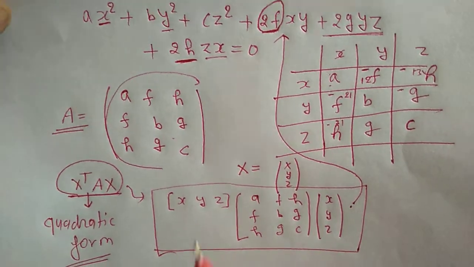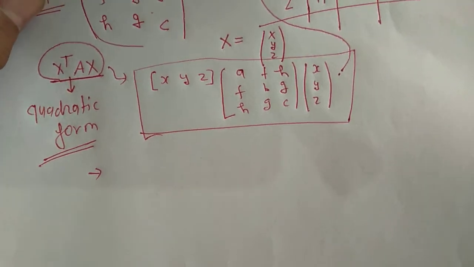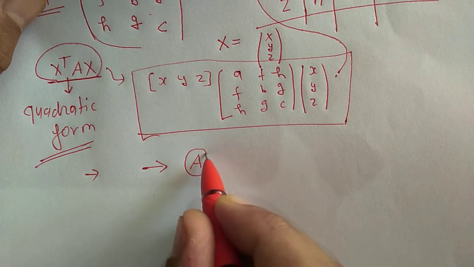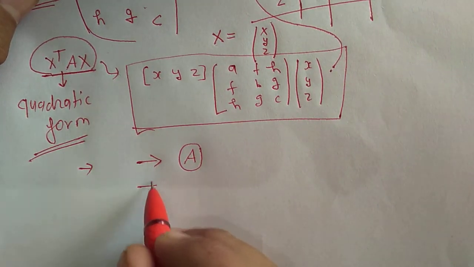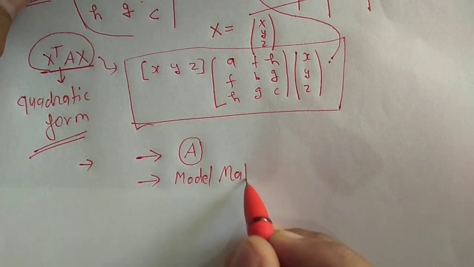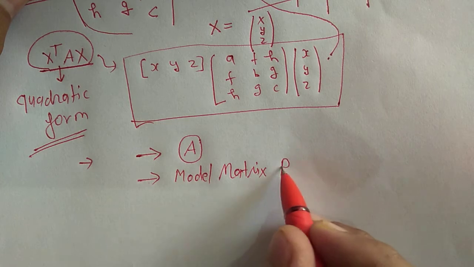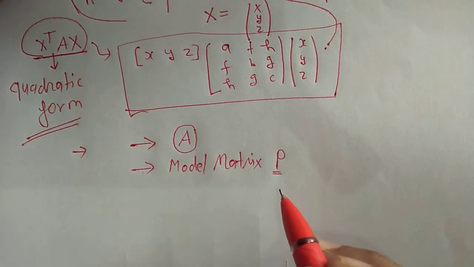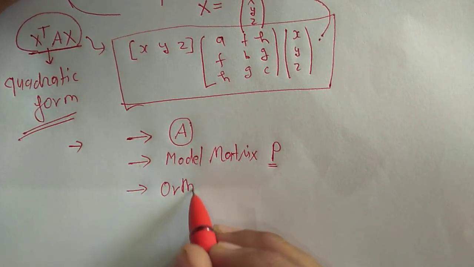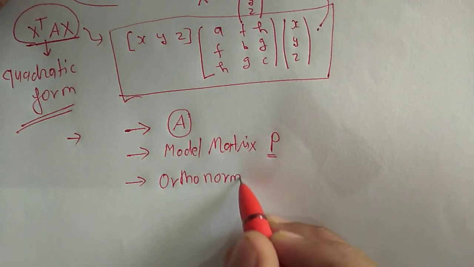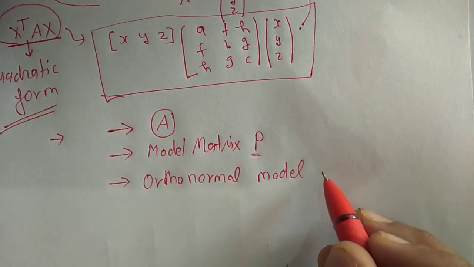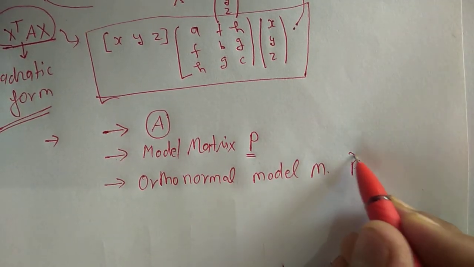So the steps are very clear. We find the A matrix for the quadratic form, then we find the modal matrix P. Definitely P will be an orthogonal matrix, so we make the orthonormal modal matrix, that is P bar.